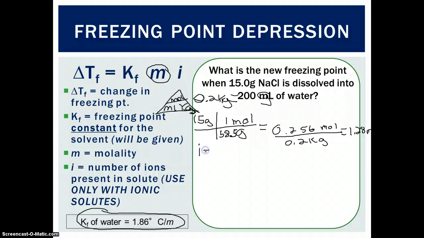We did sodium chloride already. If you remember, it will break up into 1 sodium and 1 chlorine. So add that together. I have 2 ions altogether. Now I have everything I need in my equation for delta T. So delta T is equal to Kf, which is down here, 1.86, times the molality, which is 1.28, times i, which is 2.